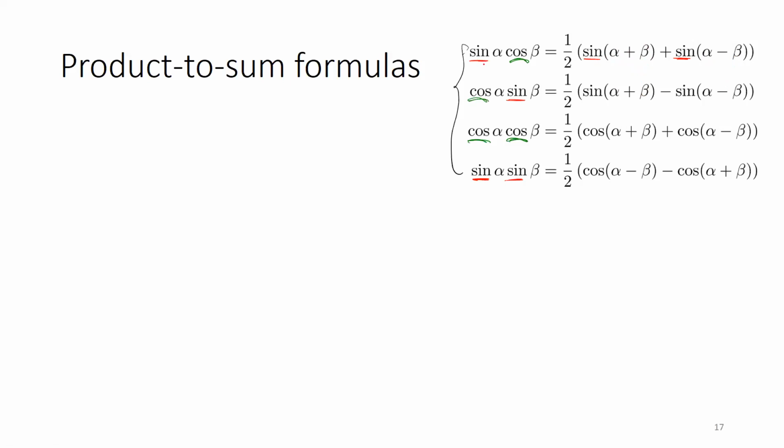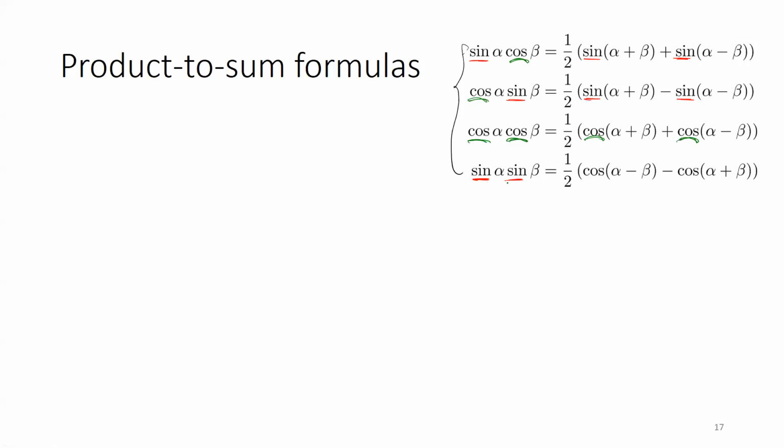So for the product of sine and cosine, you get sine of alpha plus beta plus sine of alpha minus beta. And then if you switch to cosine alpha, sine beta, you get sine of alpha plus beta minus sine of alpha minus beta.